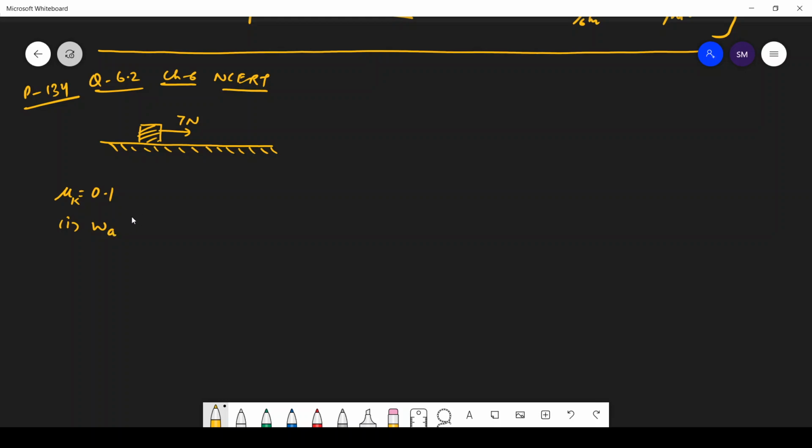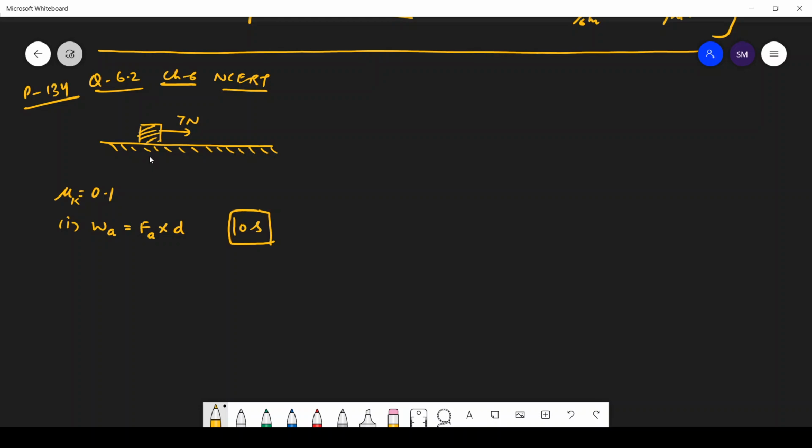So students, you need to be very particular what kind of work is done by which force. So work done by applied force is force applied into the displacement. And the time given here is 10 seconds. So that's the time. But I don't need time, I need displacement.